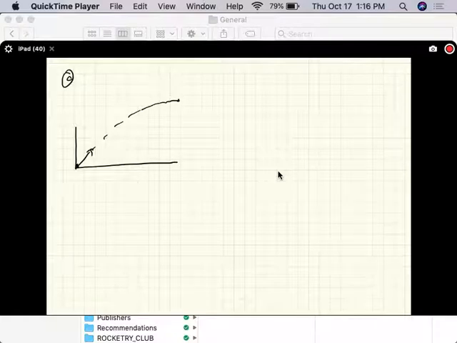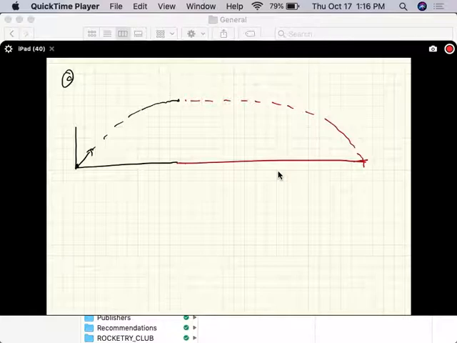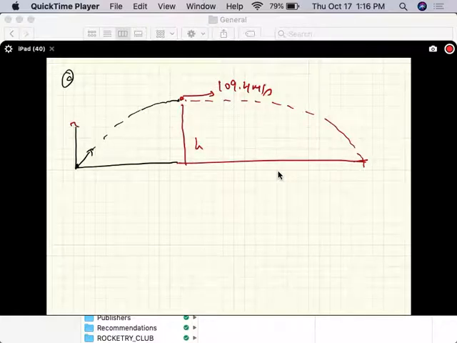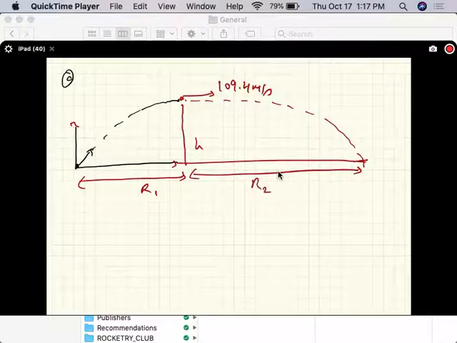And then the second parabola is wider because it's moving faster. So this object is going at 109.4 meters per second. We'll need to find this height and so on. So we'll call this R1 and this R2. That is the question.